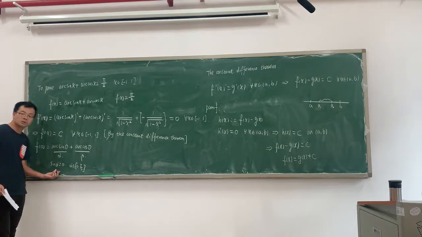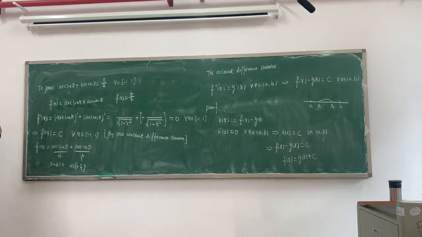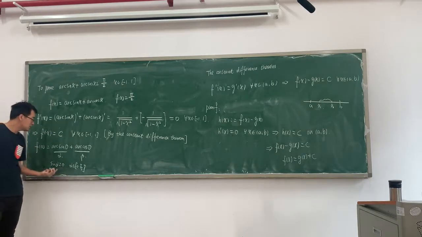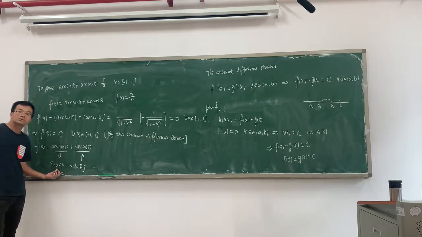So alpha equals what? Sin what equals 0 on the interval from 0 to 1/2 pi?